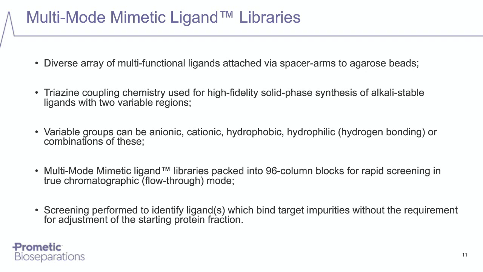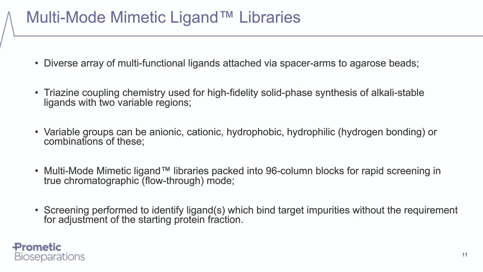We use a solid phase synthesis approach to produce these ligands, and this chemistry gives us alkali stable ligands. So all of these ligands can be treated with 1 molar sodium hydroxide, and the majority could even be autoclaved if necessary at neutral pH.